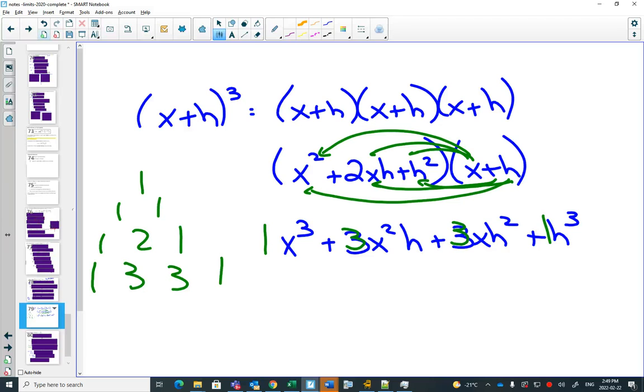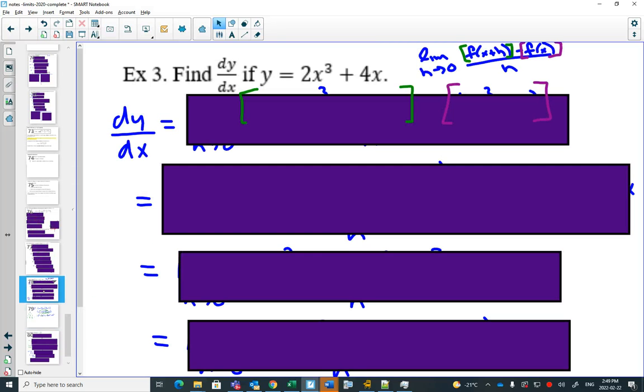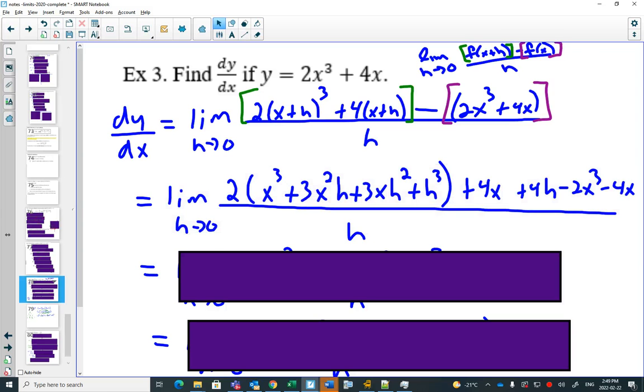So after multiplying (x + h)³ out, I get x³ + 3x²h + 3xh² + h³, and I can go back to our question here and plug that in.